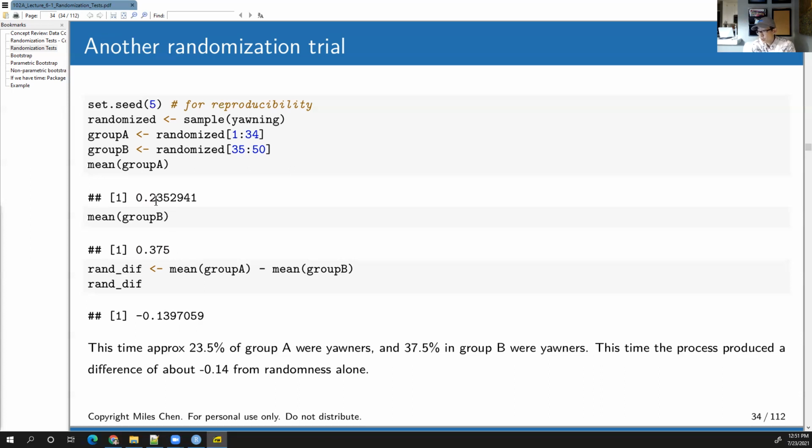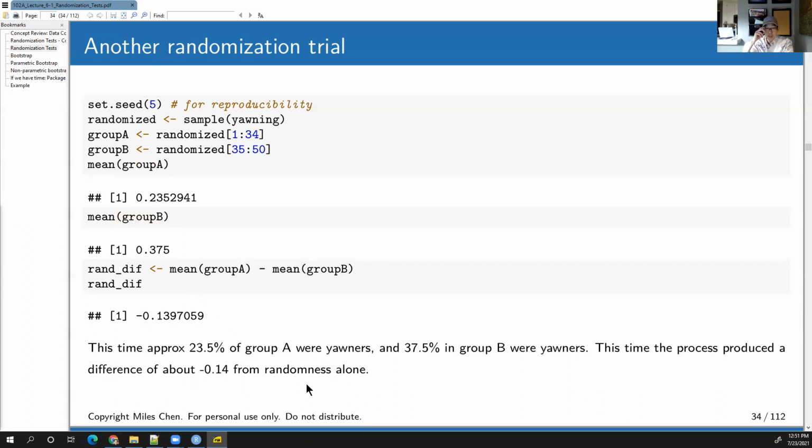And so just by random shuffling, we get a difference of around -0.1397. So this time, the random shuffling process produces a difference of around -14 percentage points, where group A actually has fewer yawners than group B.